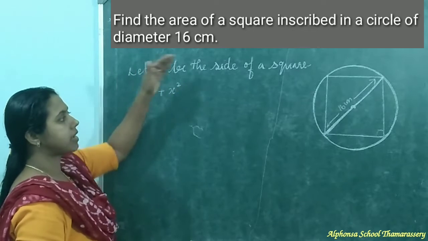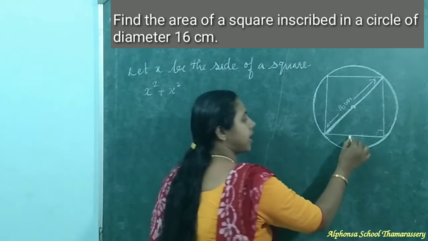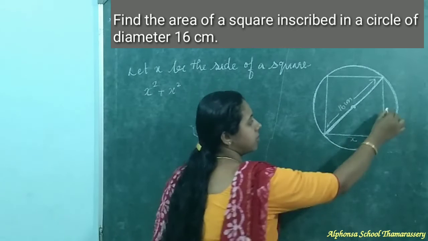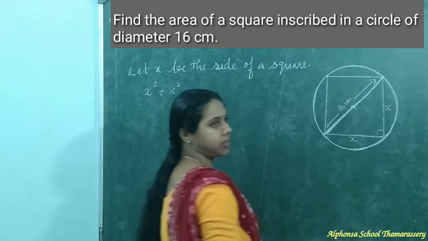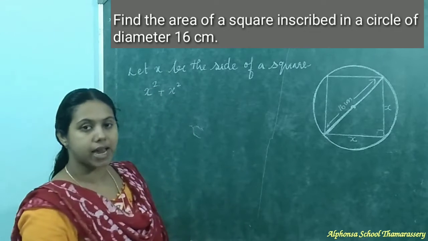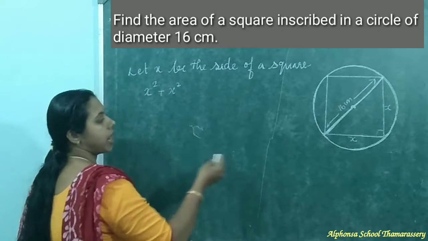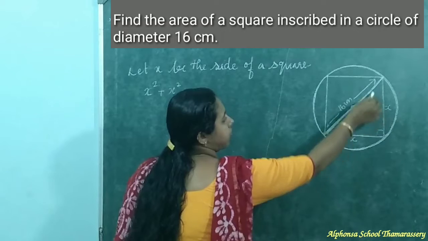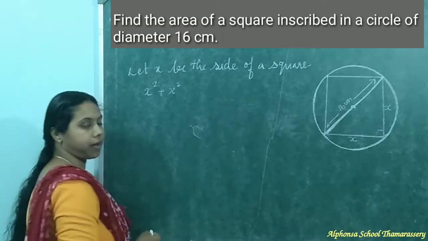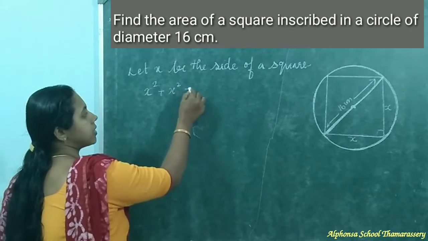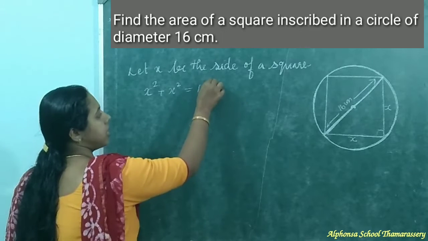Let x be the side of the square, so the side is x centimeter. This is also x centimeter because in a square all sides are equal. So base square plus altitude square is equal to hypotenuse square. So x square plus x square is equal to 16 square.